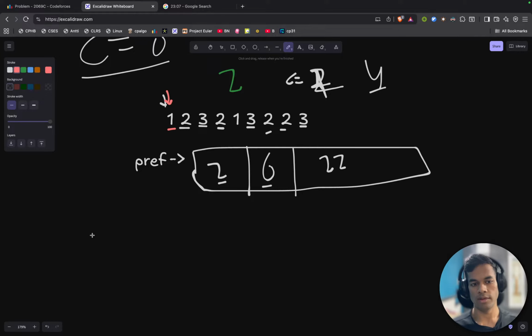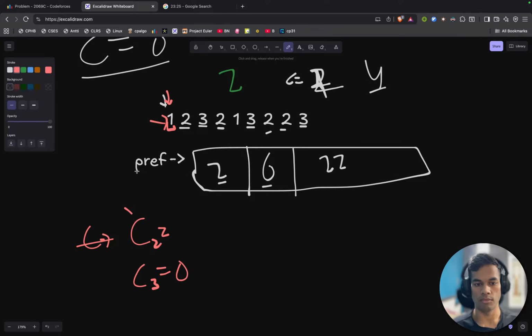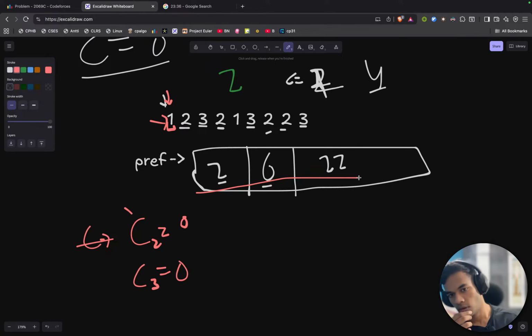Okay, so for this one, we will also keep track of how many 2's we have seen till now. Count of 2's, and we will also keep track of how many 3's we have seen. So count of 3 initially equal to 0. When we are here, we haven't seen any 3, and we haven't seen any 2's. So initially both of them are 0, and what would be the answer for this 2?